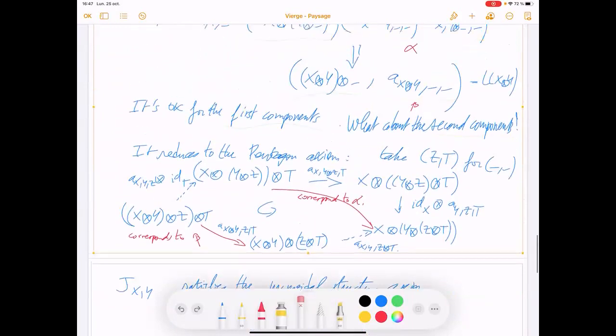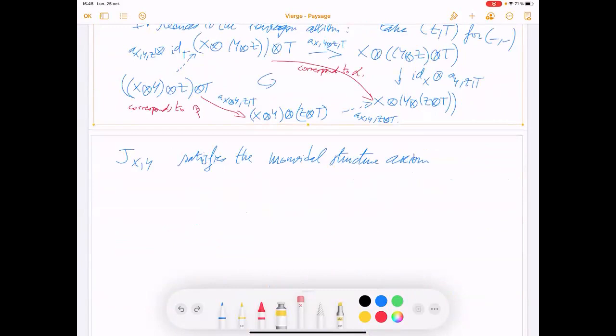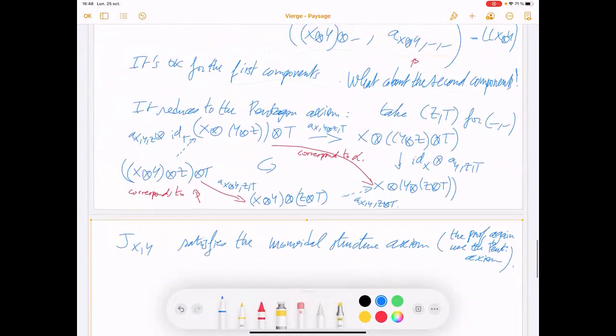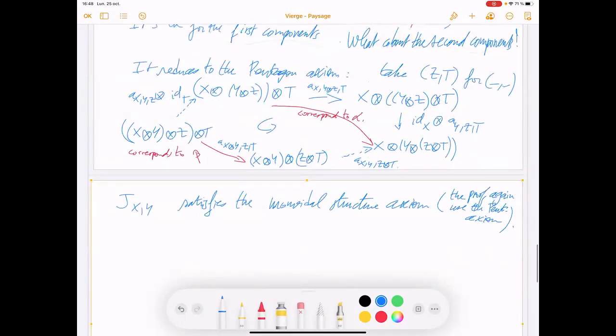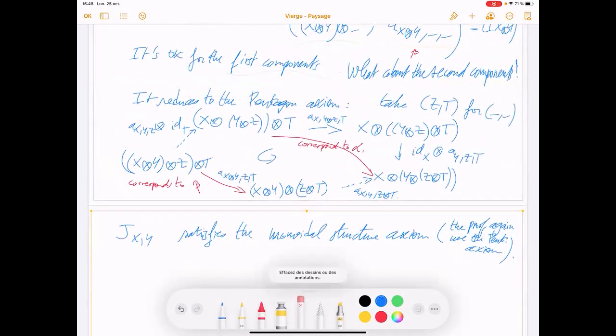In fact, you again use the pentagon axiom. So the proof uses the pentagon axiom.